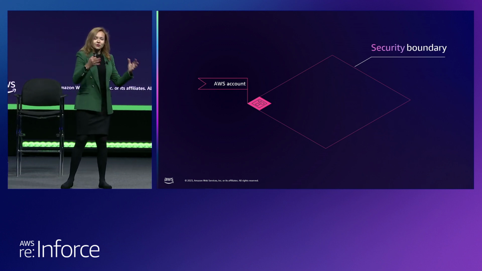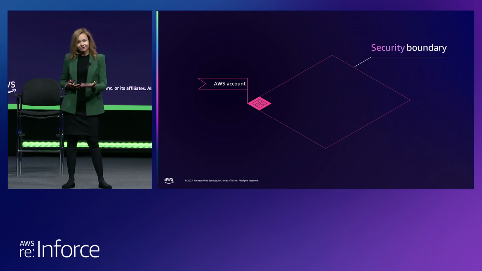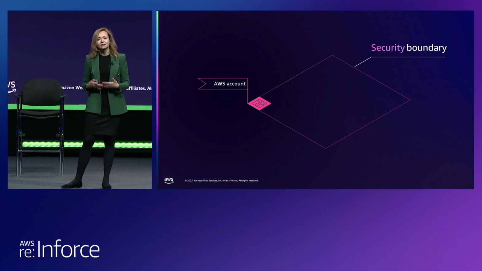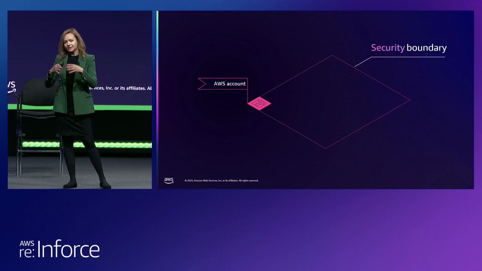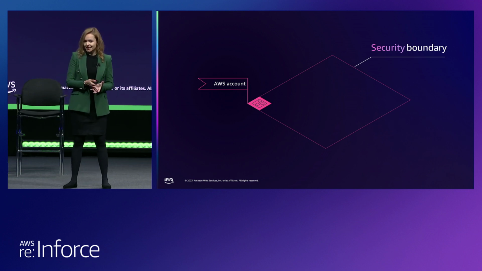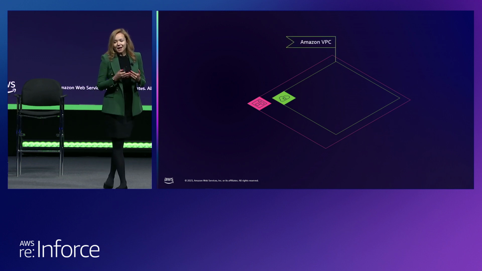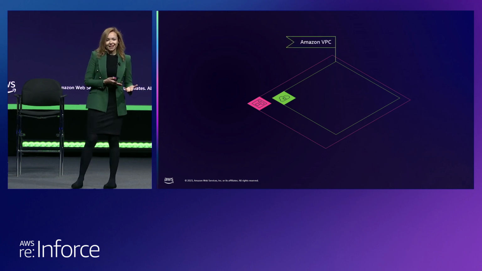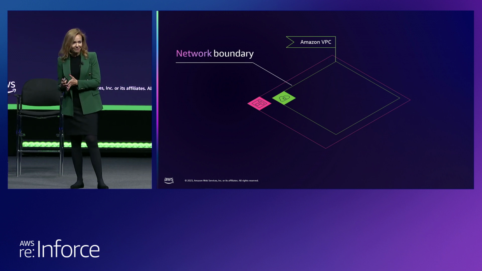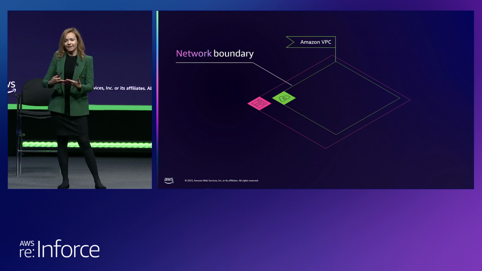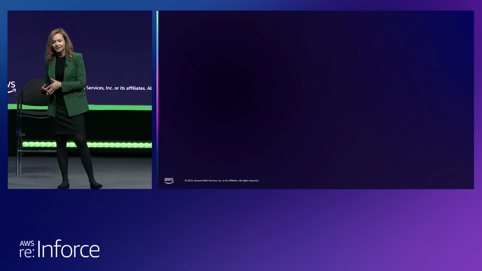You start creating multiple accounts, you have that security separation in terms of IAM roles and access controls and all the security functionality around those assets. The second boundary we need to talk about is the Amazon VPC, Virtual Private Cloud, which is your network boundary in AWS, right? So we take these two and we work together with them as a foundation, right?